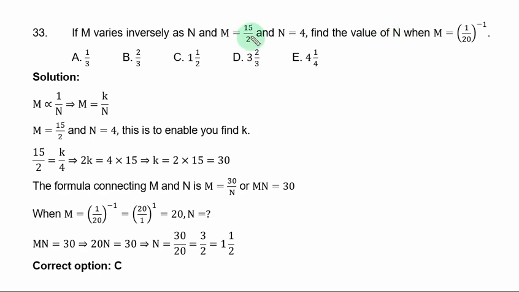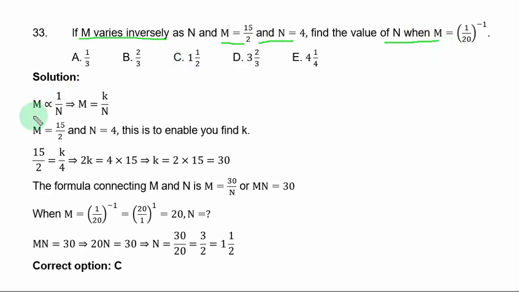Question 33. If M varies inversely as N and M is equal to 15 over 2 and N is equal to 4, find the value of N when M is equal to 1 over 20 in brackets to the power of minus 1.